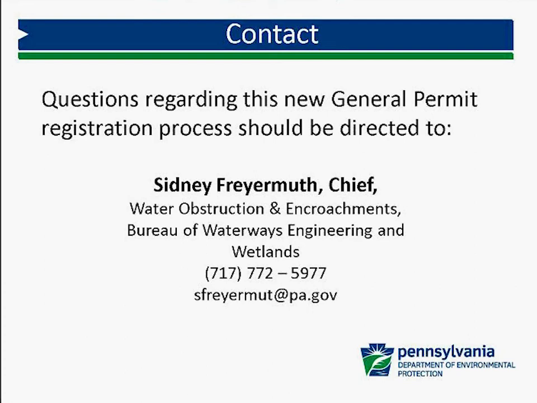How does the GP11 process differ? Under a GP11, there is an engineering component that is, for lack of a better term, a quasi-eligibility type issue. So there's more review involved. That's why it's only authorized by the department, and it should remain a two-step process.